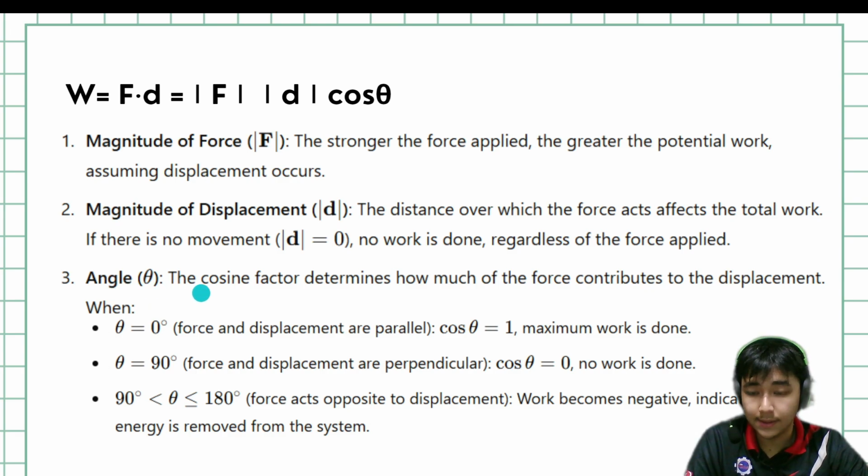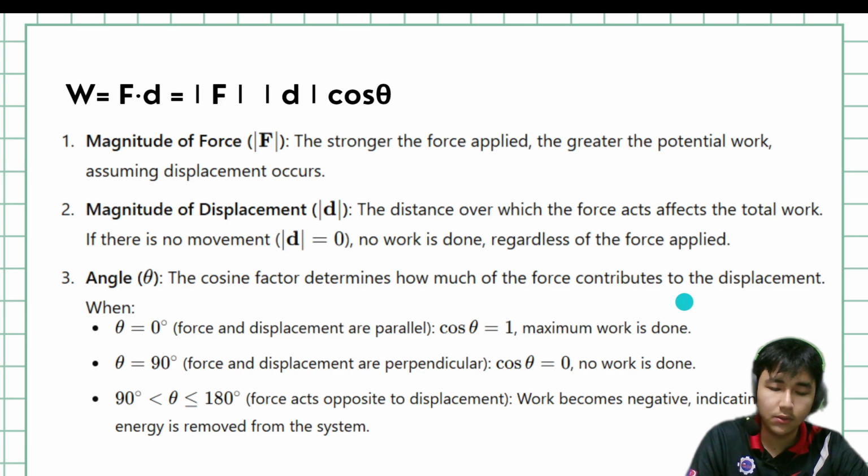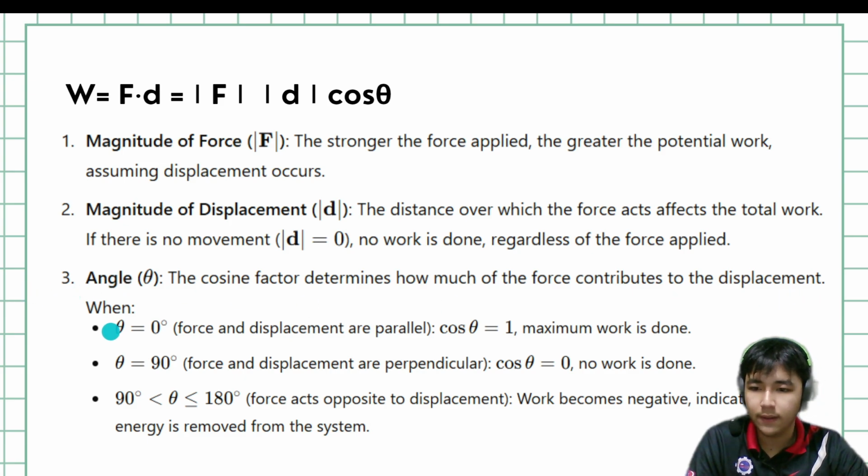Angle: the cosine factor determines how much of the force contributes to the displacement. When theta equals 0, which is force and displacement are parallel, cos theta equals 1. Maximum work is done.